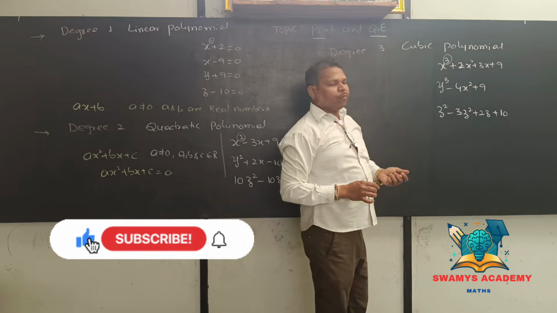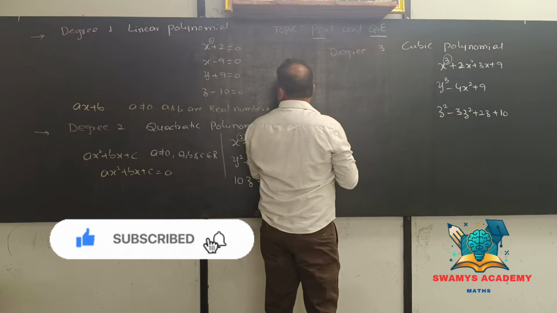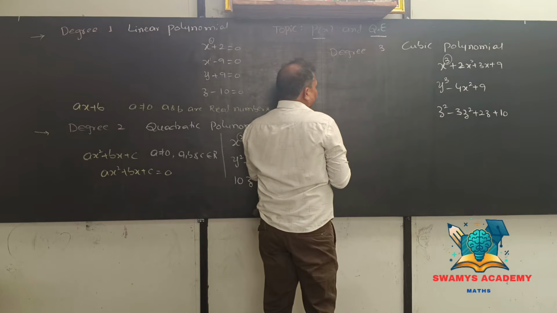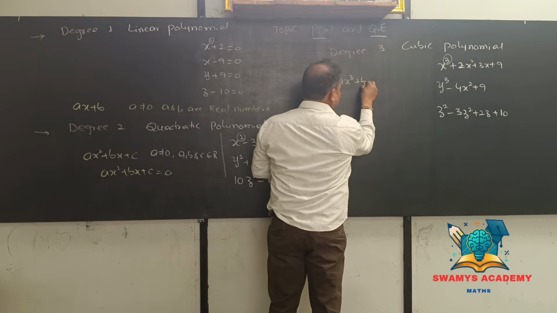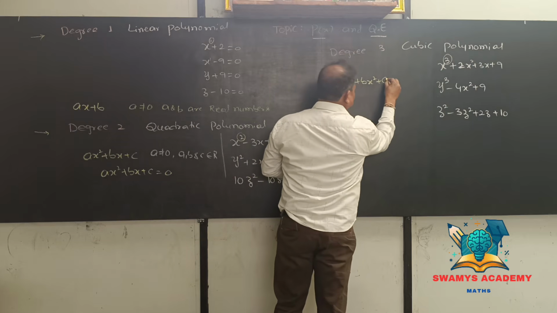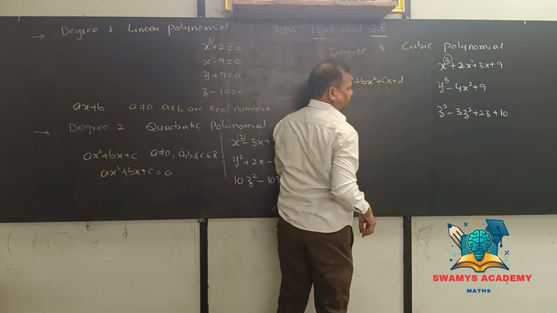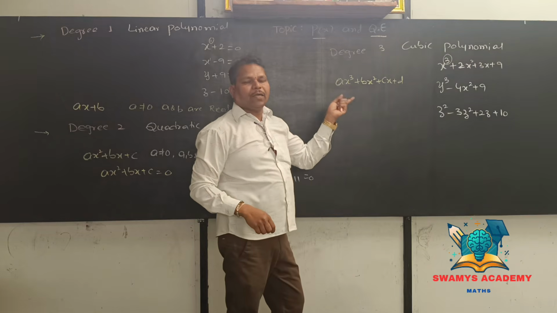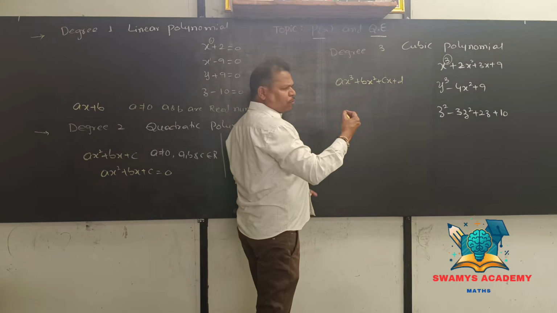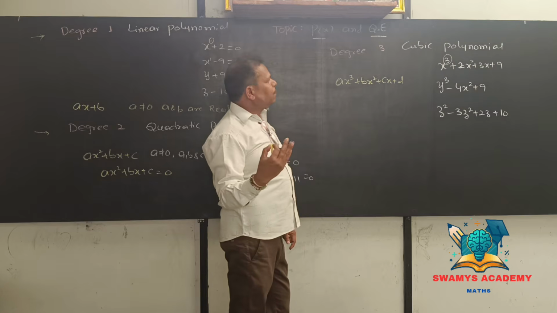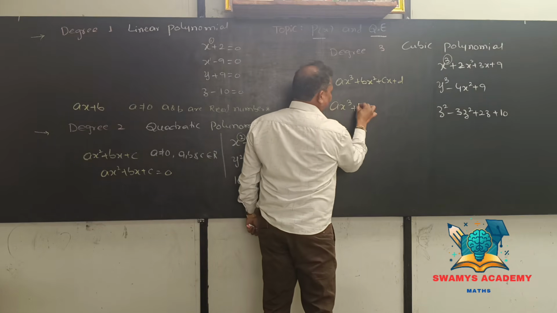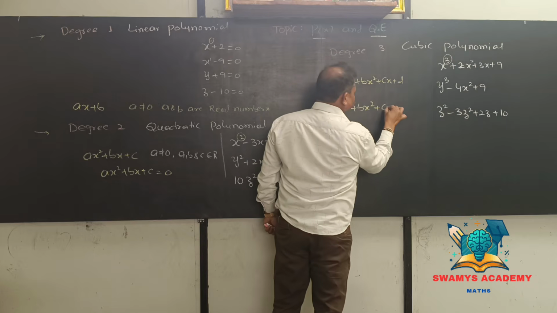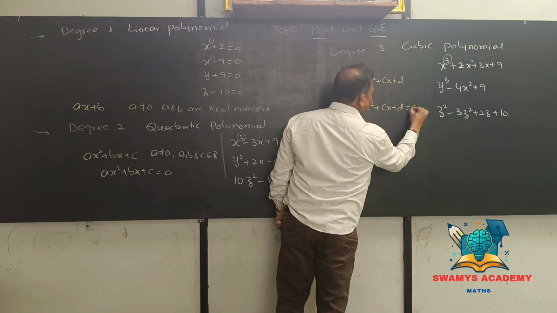Now, the standard form of the cubic polynomial: ax cube plus bx square plus cx plus d. The standard form of the cubic polynomial equation is ax cube plus bx square plus cx plus d equals 0.